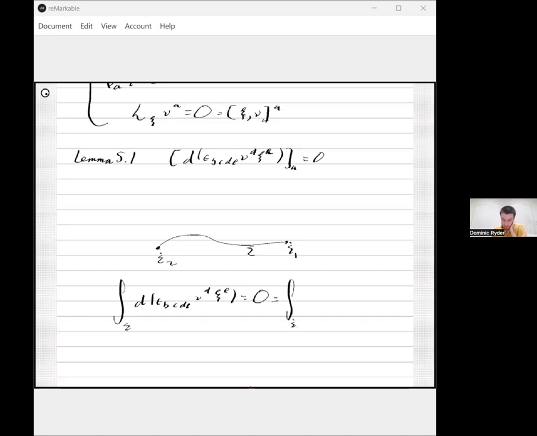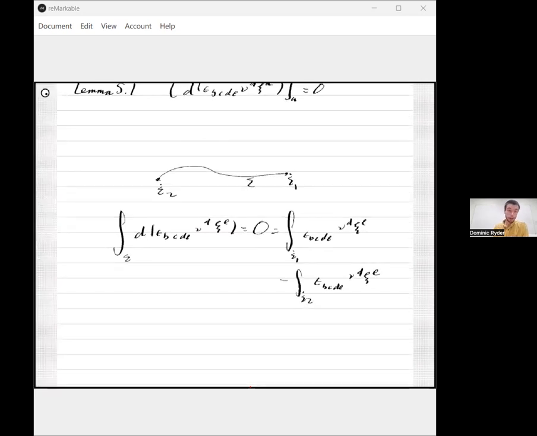It's also equal by Stokes theorem to the integral of the two bounding two-spheres, d V d psi e. So these two are equal to each other, of course.